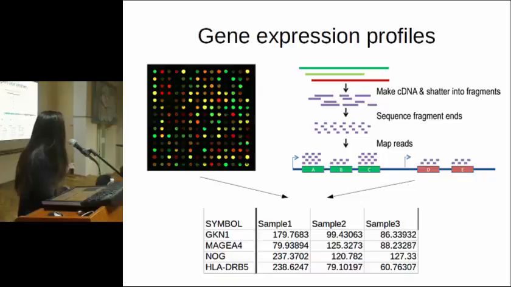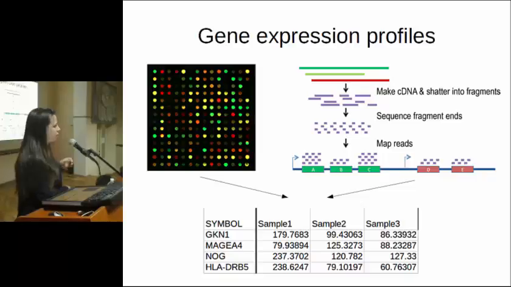I mean, to count this is not usually straightforward, but what is important in all these cases, we will have to deal with the matrix, with the numbers. So here, for example, in the column is gene names, and in the row are samples. So, for example, in this case, each sample will correspond to one microarray.